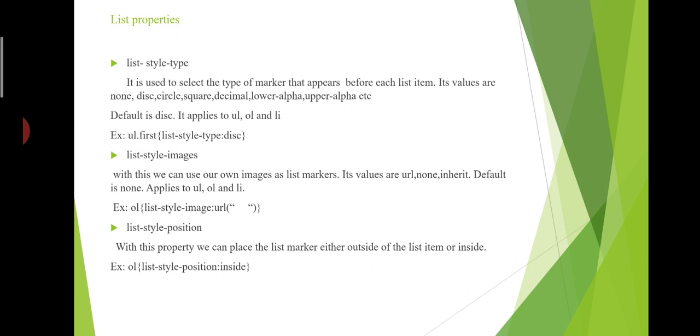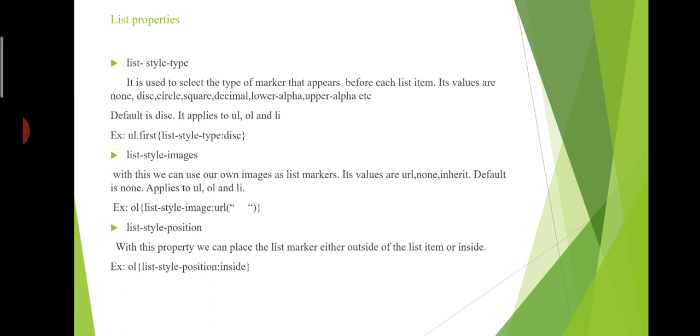The values usually for this property are none, disk, circle, square, decimal, lower-alpha, upper-alpha, etc. Whether you want a disk, a circle, Roman numbers or alphabet values, uppercase or lowercase, we can mention that value for list-style-type. Default will be disk, which is applied for unordered lists and ordered lists.